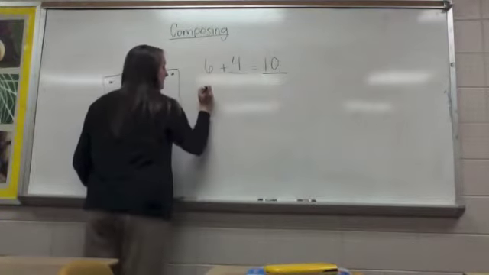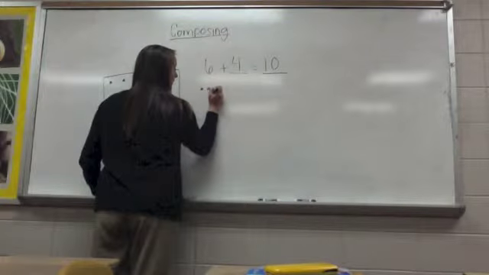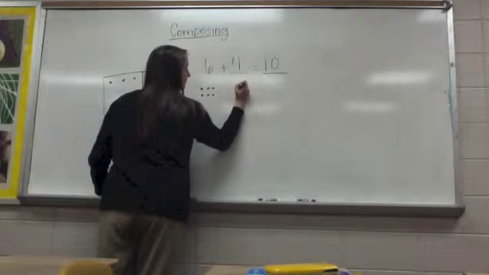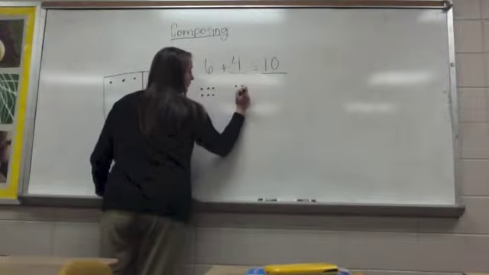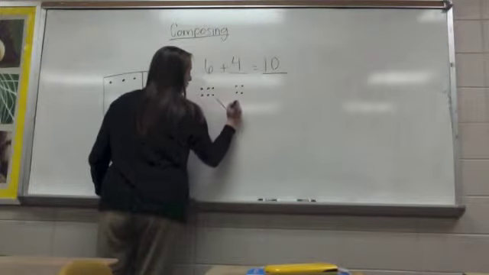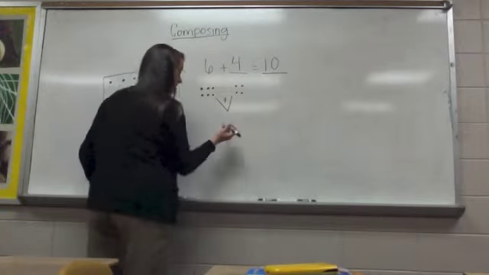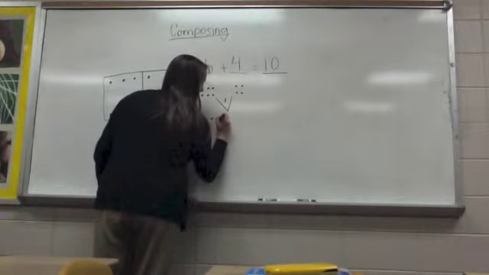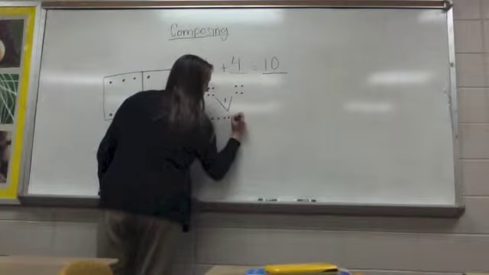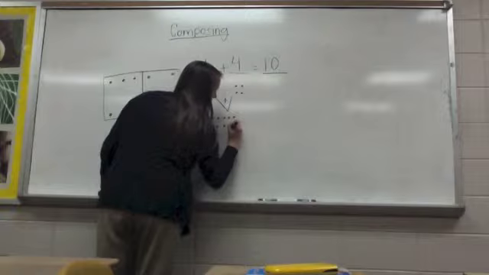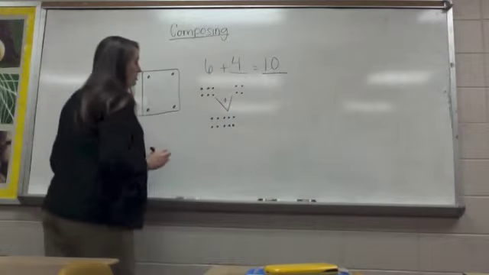You take 6, and you have 4 more, and you compose them together, which means you add them together. You have how many? 10. Good job.